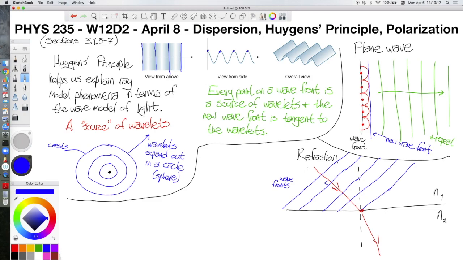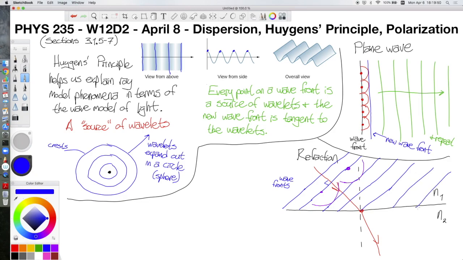So when we are out here in n1, any given point on one of these wavefronts is a source of wavelets. So this point might create a wavelet out like this, and this point would create a similar wavelet out like this. And then we get our new wavefront. But my question is, what happens when we are in index of refraction 2, in the other material?